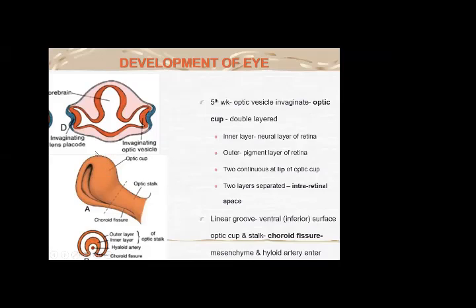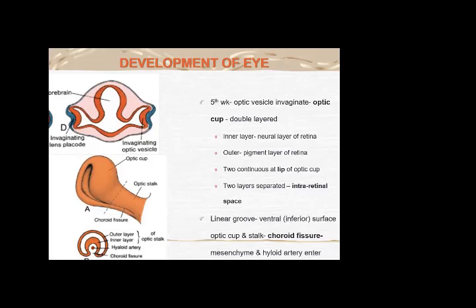So this is the optic cup, developing from the optic vesicle, and this is the optic stalk. Now, towards the end of the fifth week, on the inferior surface of the optic stalk, you have the development of a linear structure called the optic groove.